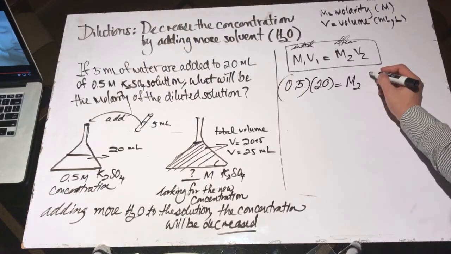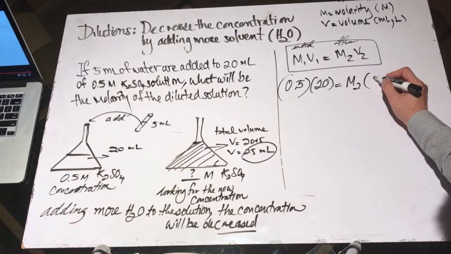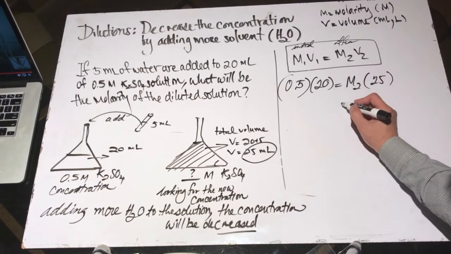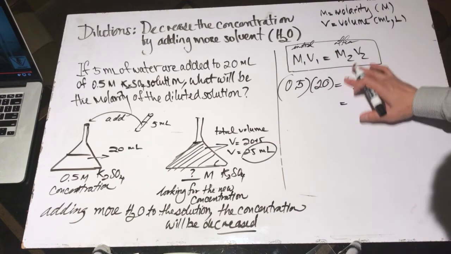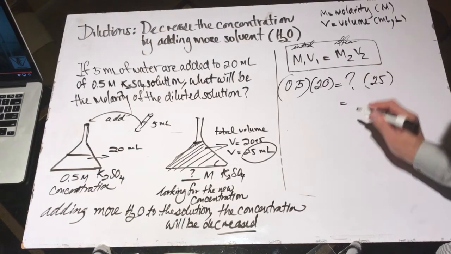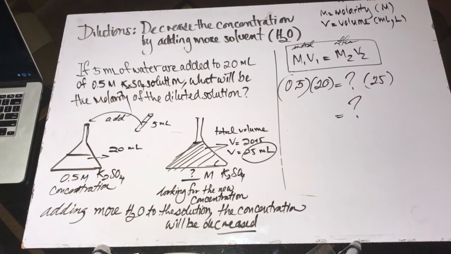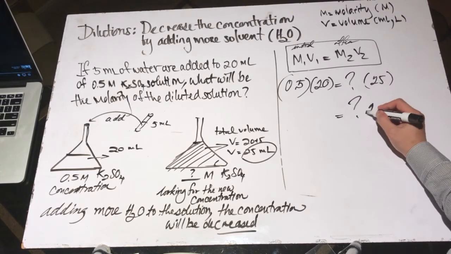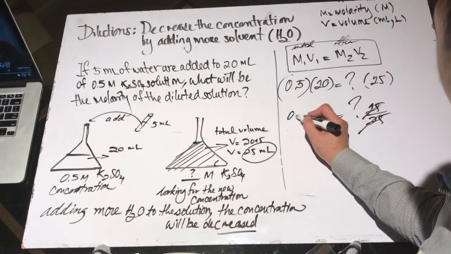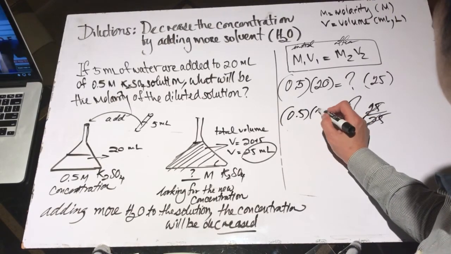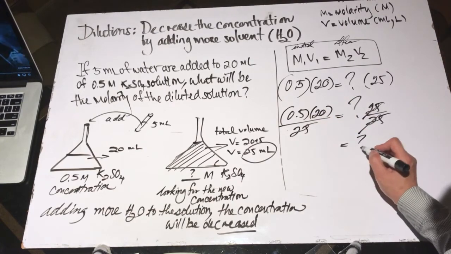You don't know this one. Your second volume, which includes the volume added, is 25. So this is what you're looking for. I'm going to do 0.5 times 20 divided by 25.